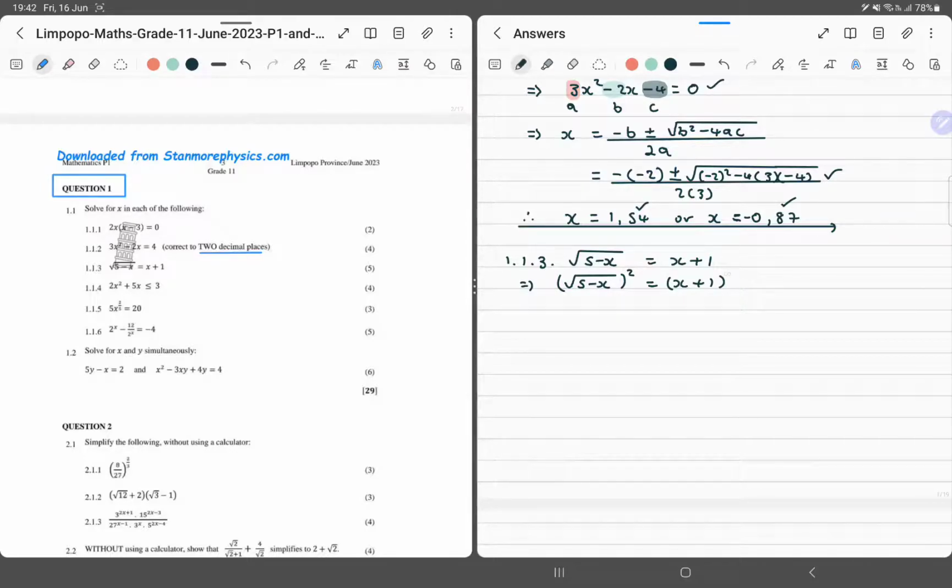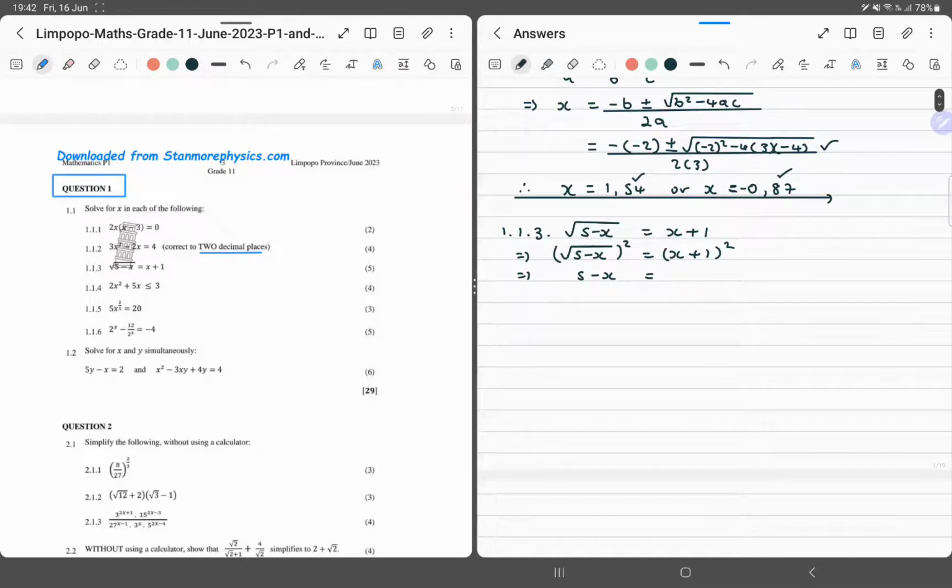To remove a square root sign, we square both sides, right? So when we take the square of whatever we've got there, it becomes 5 minus x, because even if this was negative, it comes out positive now. And then this side we FOIL.